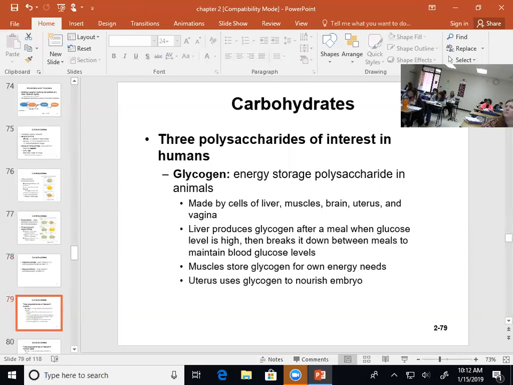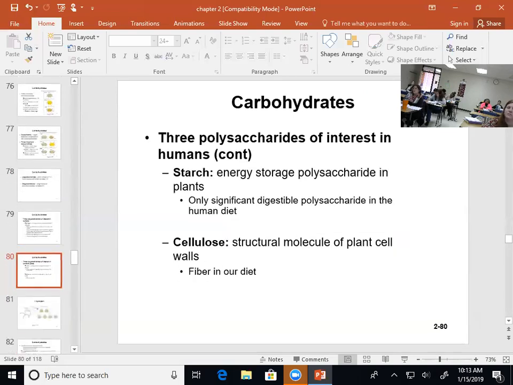And where did I tell you that will be stored? In the liver and muscles, right? So that between meals, you can break down glycogen to keep your blood glucose levels where they need to be. We don't need to graze 24/7, do we? So, right, we don't because of this.